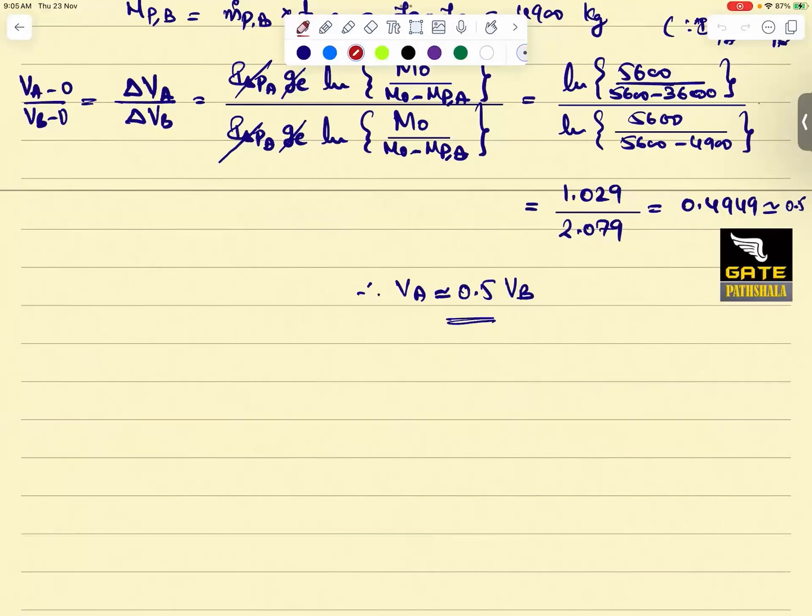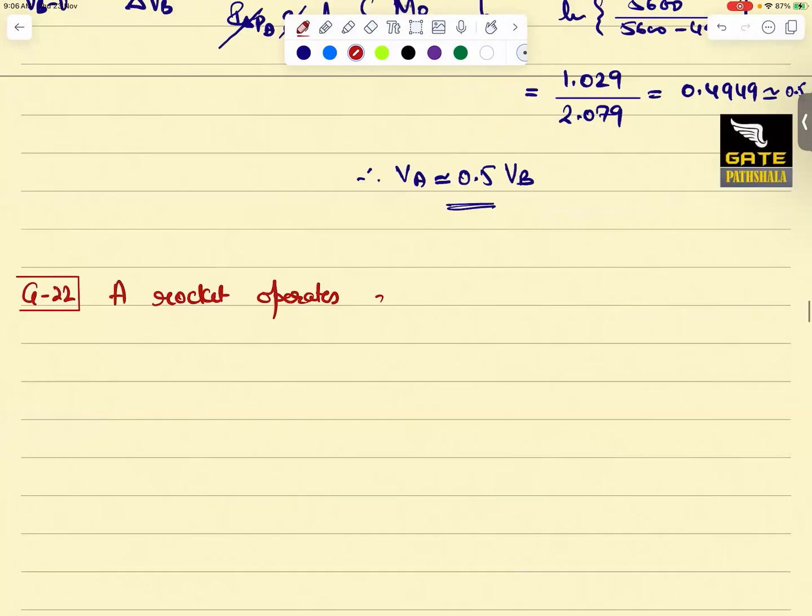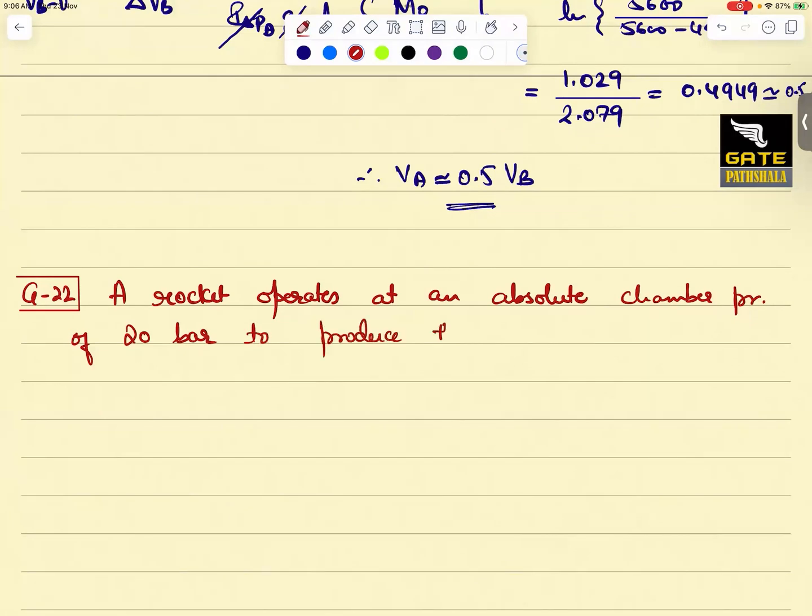Right, GATE 2022. A rocket operates at an absolute chamber pressure of 20 bar to produce thrust F1.